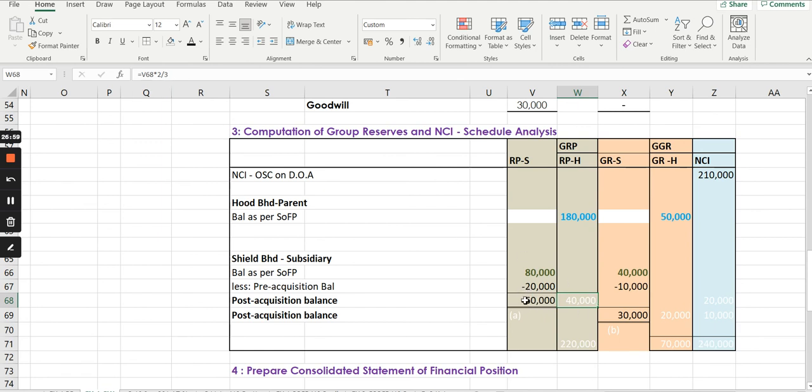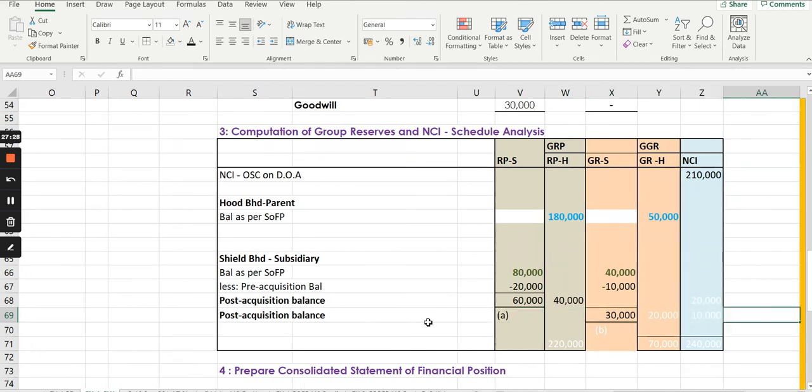If you have any, you need to consider them first. 2/3 of 60 will be 40,000, and that will be shown in journal entry A, which shows the distribution of the post-acquisition balance.